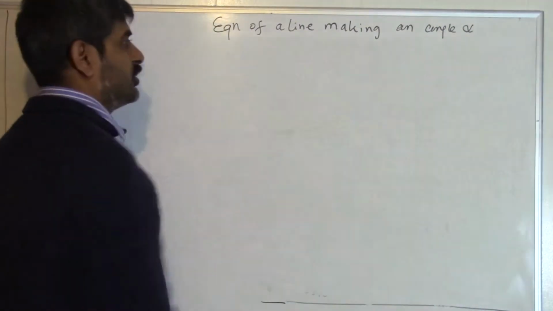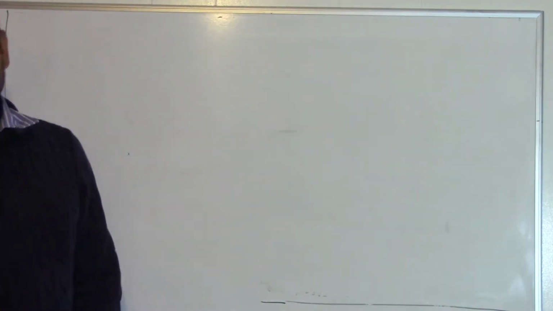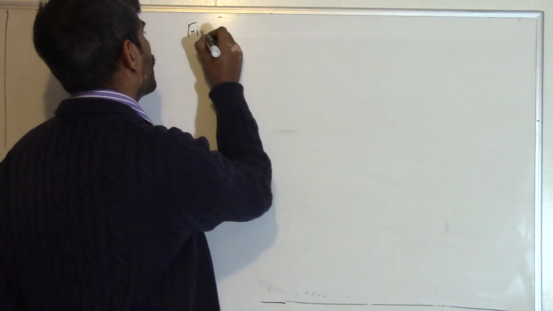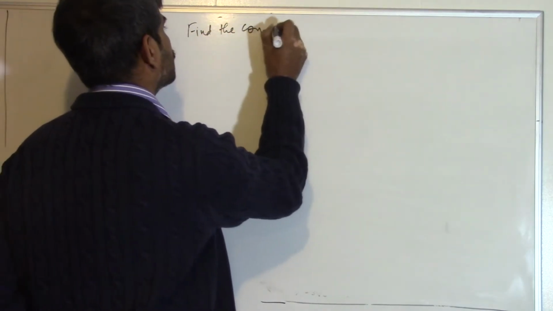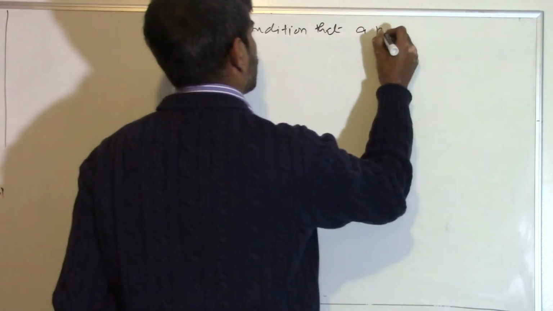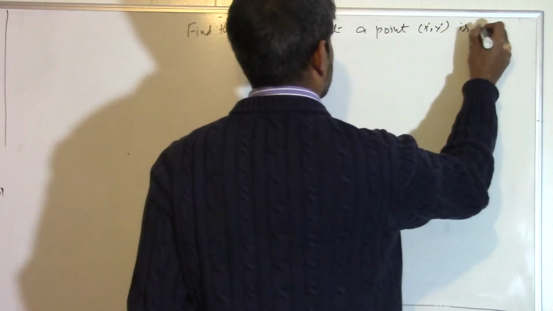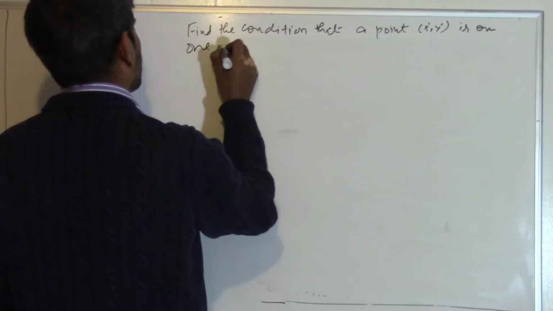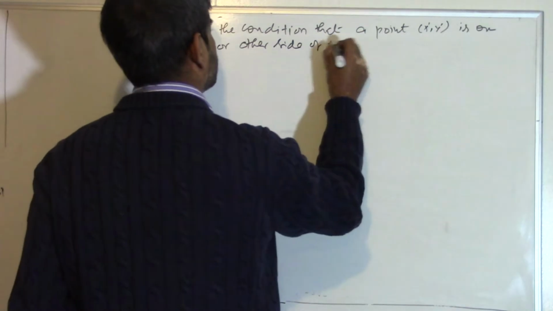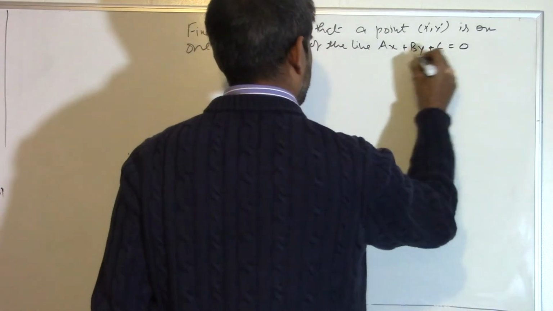We are trying to find out the condition that a point x dash y dash is on one or other side of the line ax plus by plus c is equal to 0.